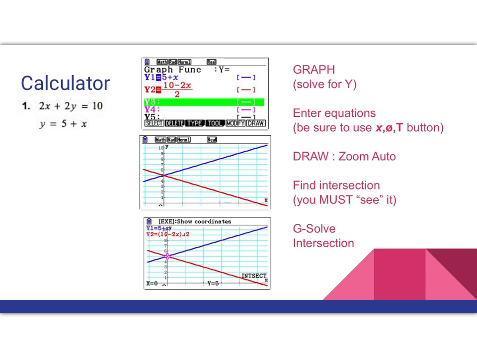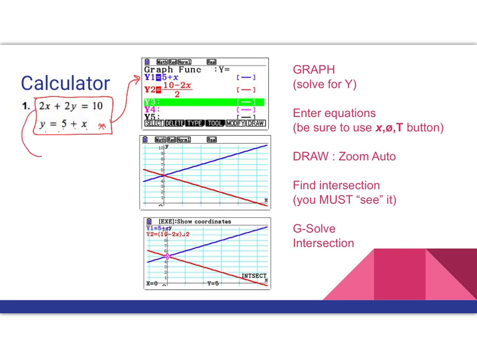And this one, why don't you give a try right now for this method? Here's the two equations they gave you. The bottom one, y equals 5 plus x, looks great. I put that in for y1 because it was so easy. It was already done for me.